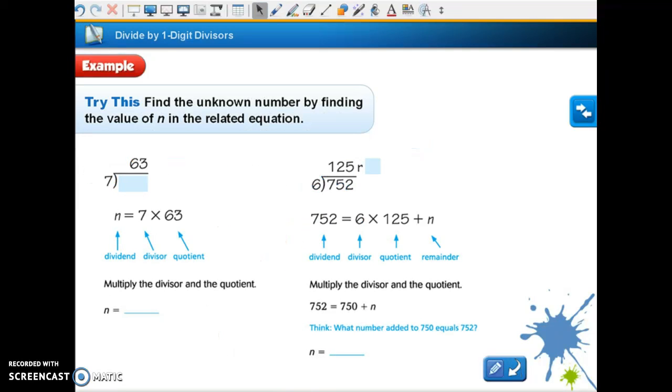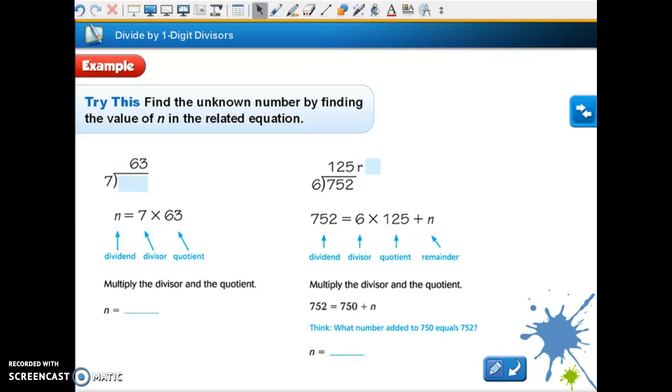Okay, here we are on the try this, about halfway down page 66. It says, find the unknown number by finding the value of n in a related equation. This is no different than if you had n equals 7 plus 2. What would n be? 9, right?